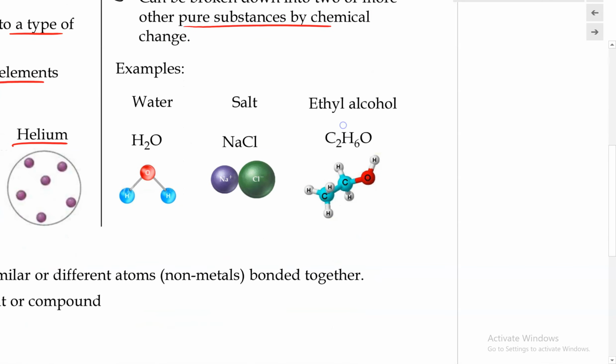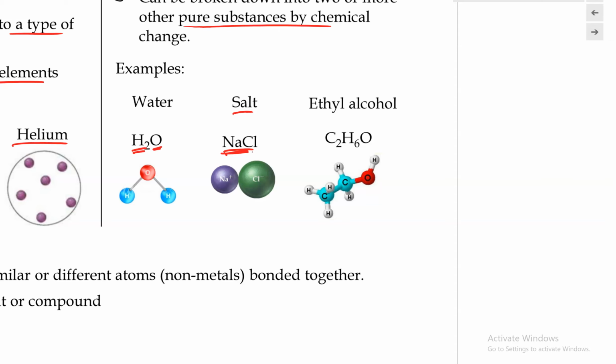For example, water is a compound. Why is water a compound? The reason is that when we look at the chemical formula, it consists of hydrogen and oxygen. These are different types of atoms, and thus make water a compound. Another example, table salt, sodium chloride, can also be classified as a compound because in the chemical formula, you can see it consists of sodium and chlorine, which are two different types of atoms.